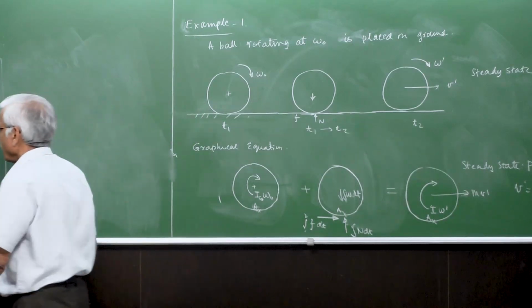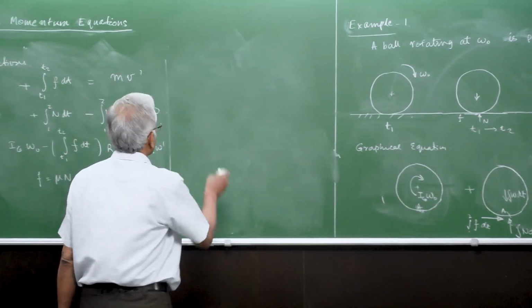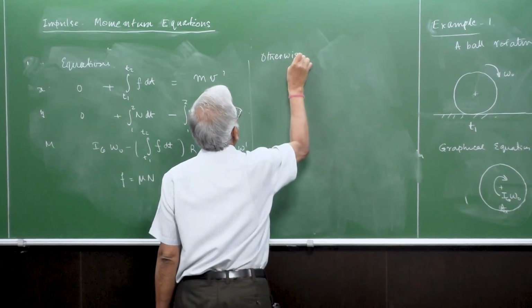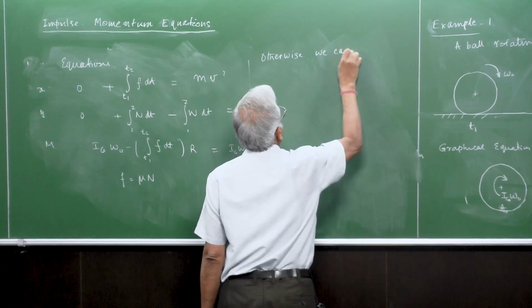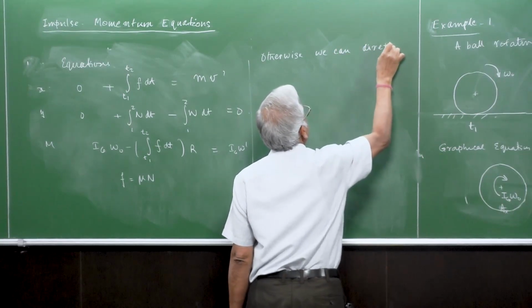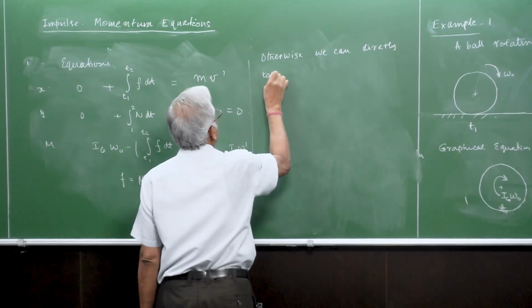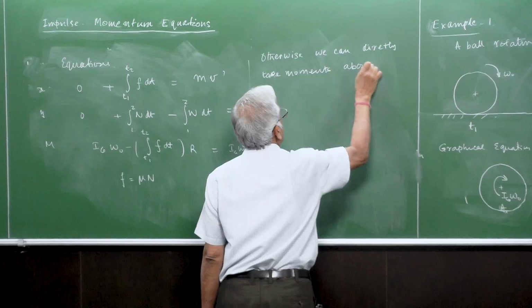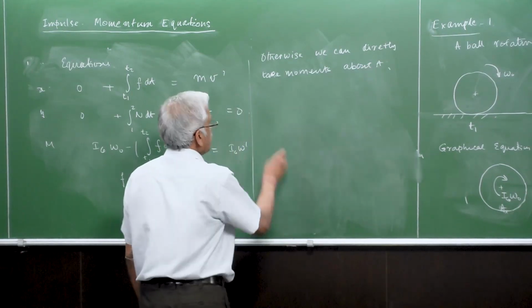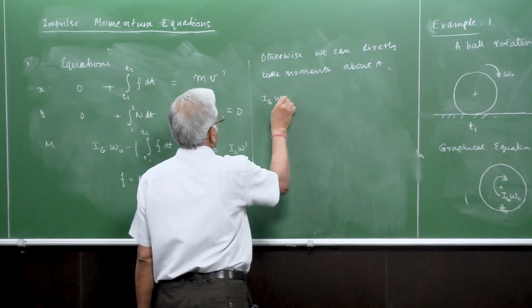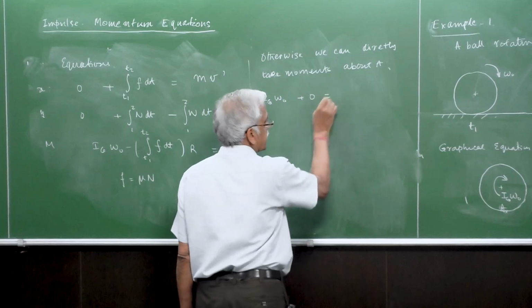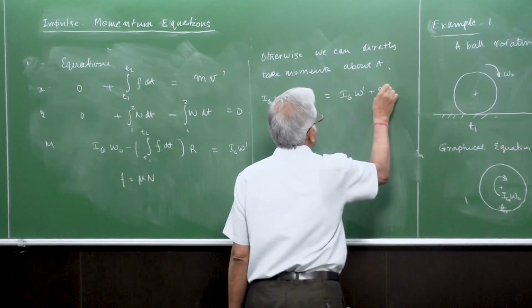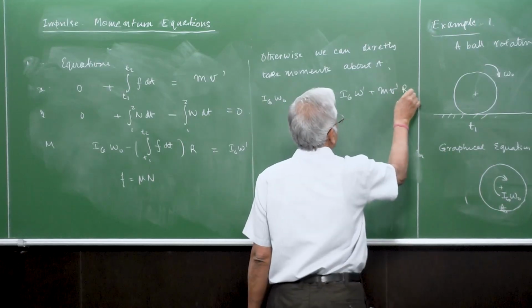Again, as I said, if you want to simplify this one, an equation can be formulated: angular momentum conservation can be done, or otherwise we can directly take moments about the contact point. So for doing that, we have Ig omega naught, and all others are 0 here, and here we have Ig omega prime plus m v prime times r.